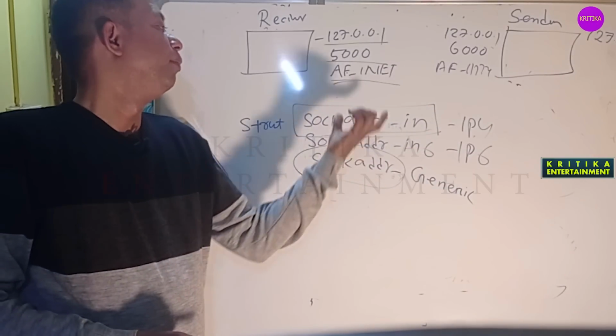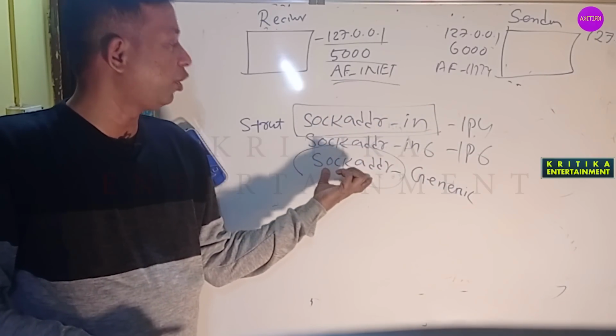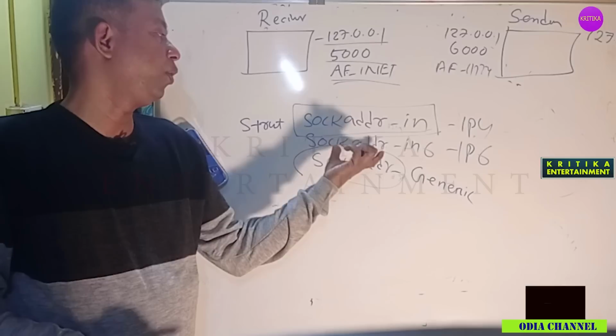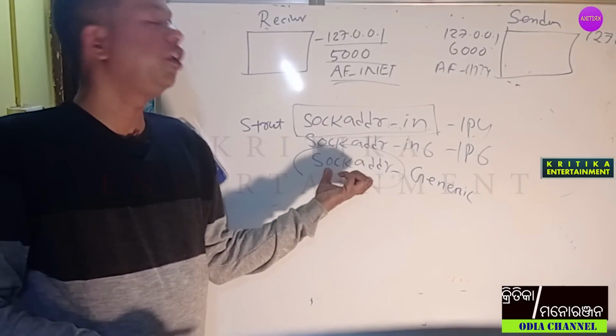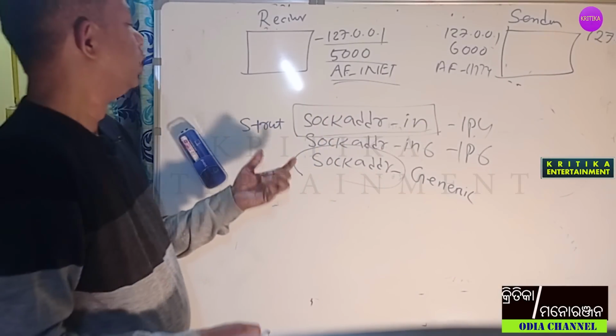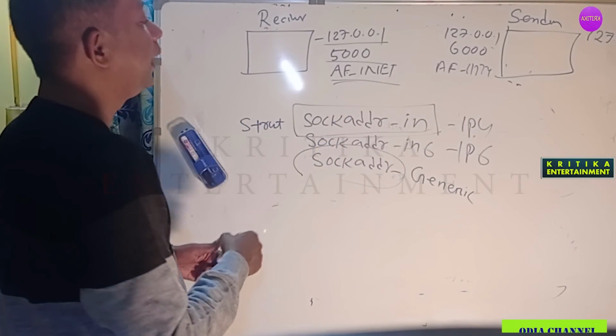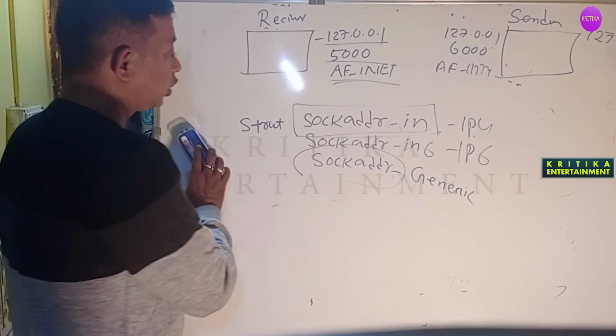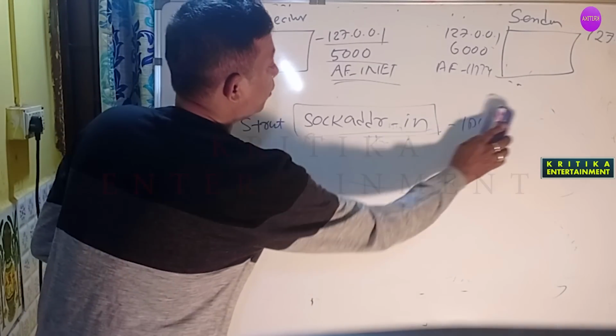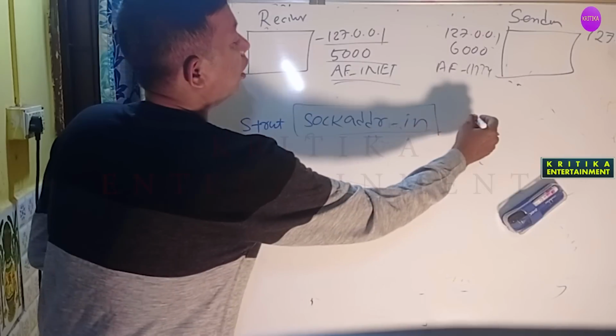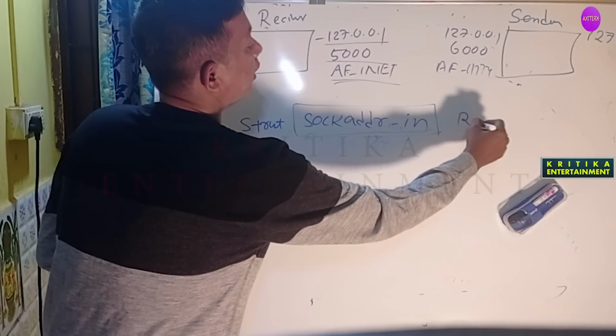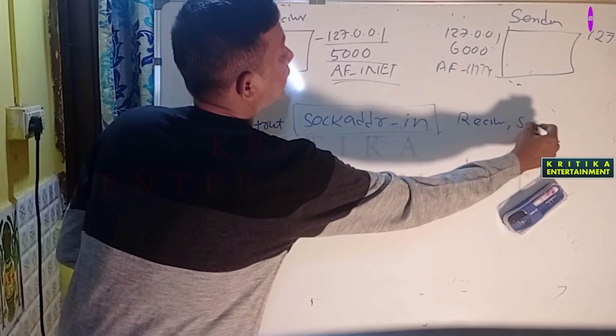The socket may contain the value of the IP4 or IP6. So it is called your generic structure. Here I will declare that structure, and the structure variables are called receiver and sender.